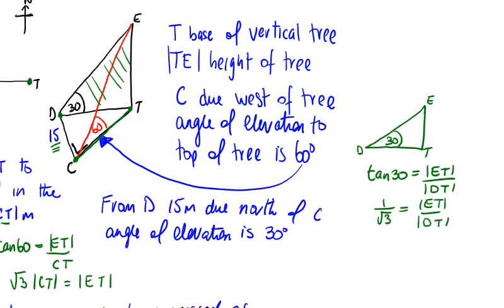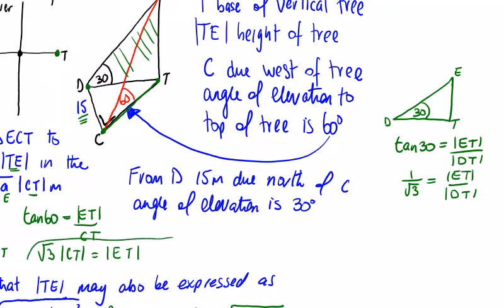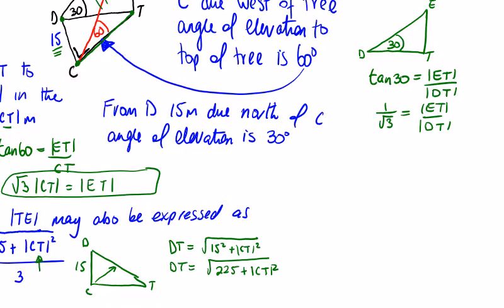And we must have some information. We have ET here in terms of CT. So we're looking for ET or TE. I'll keep it as ET. I think it sounds better. That's equal to DT over root 3. And we have DT here.